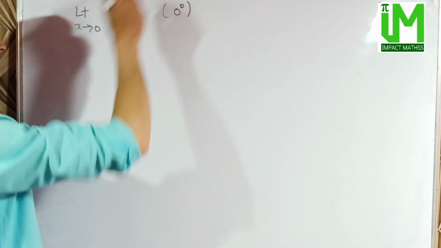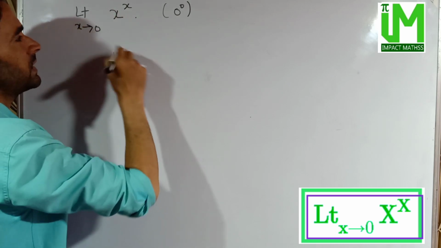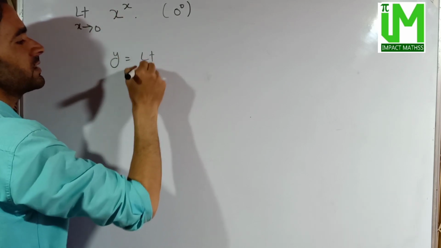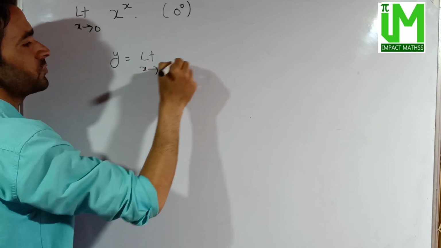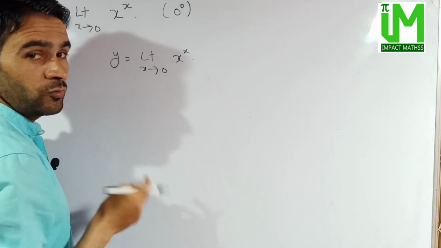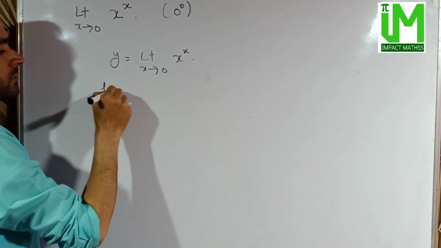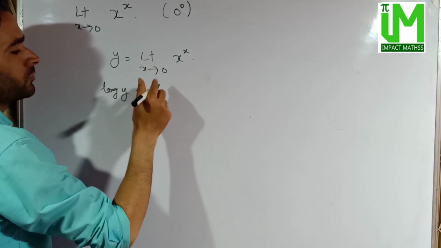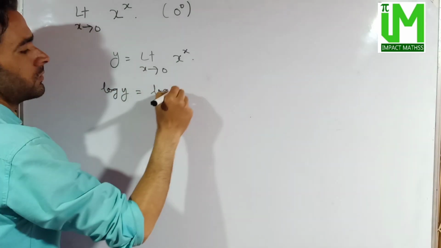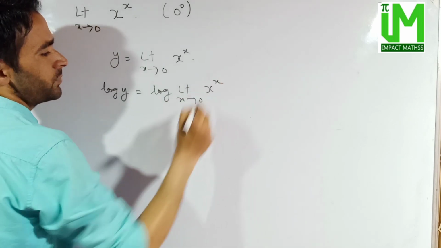So if y is the limiting value of this thing, let y be equal to limit x approaches to 0, x raised to power x. Next, as we know from limits L8, we take log on both sides, so it will be log of y is equal to log of limit x approaches to 0, x raised to power x.